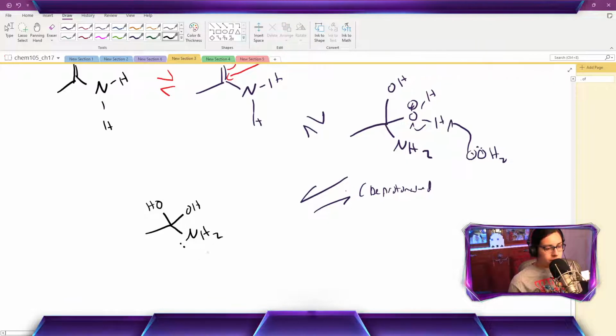So nitrogen has that lone pair. We have H plus, or water floating around.